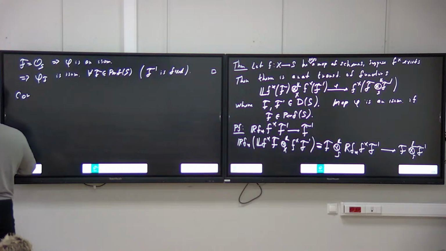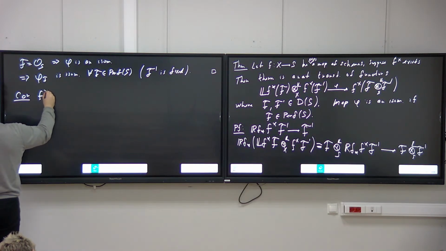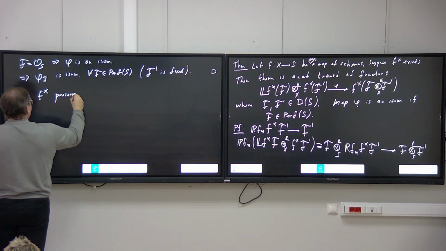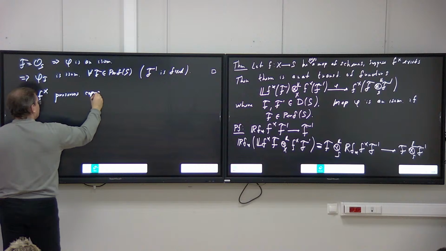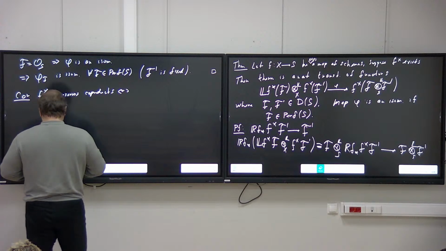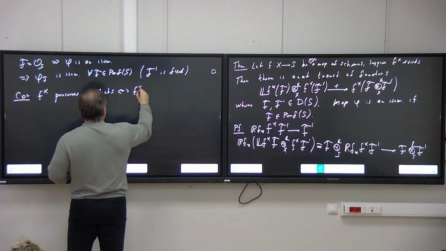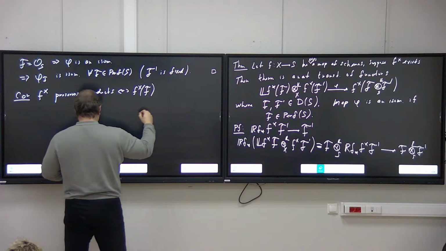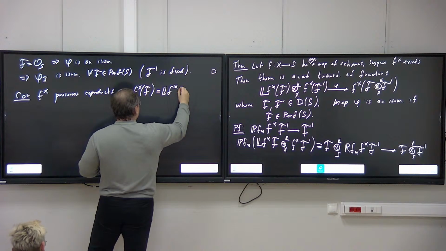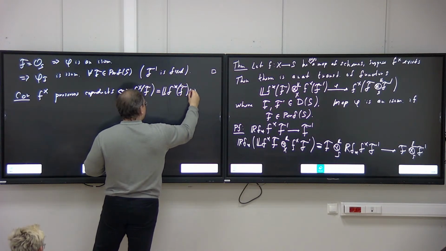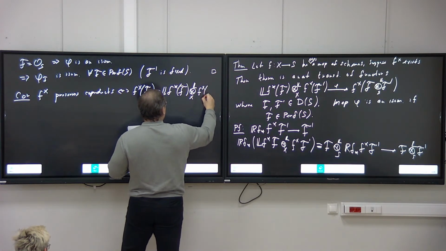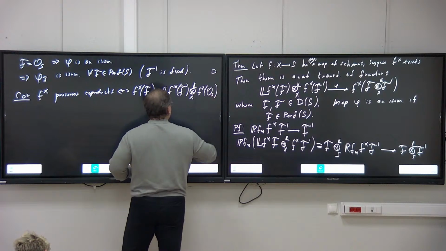The following: f with the cross preserves coproducts if and only if we have the formula that f with the cross computed on some F coincides with the standard pullback applied to this F, and then the tensor product in the derived sense, of course, with f cross of O_S.